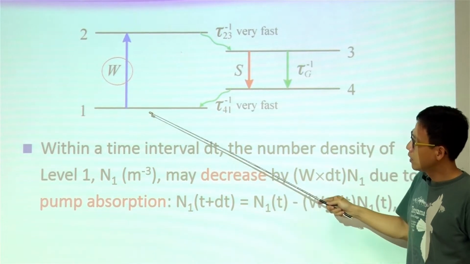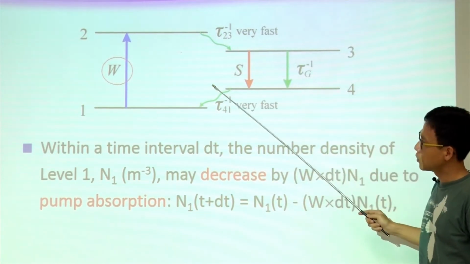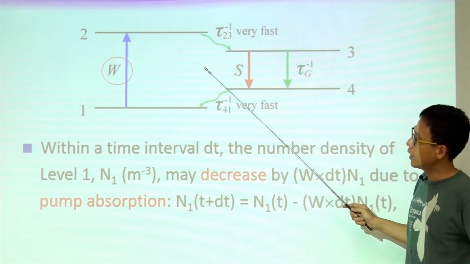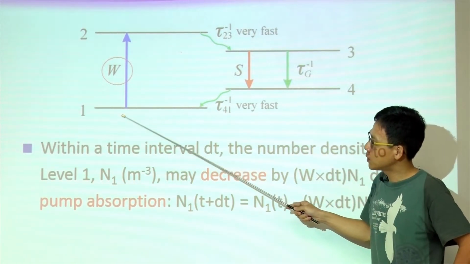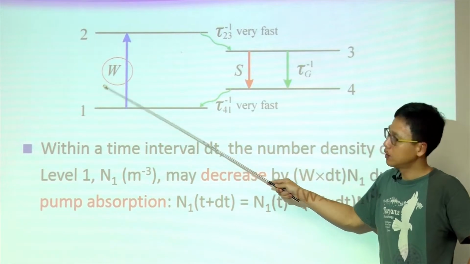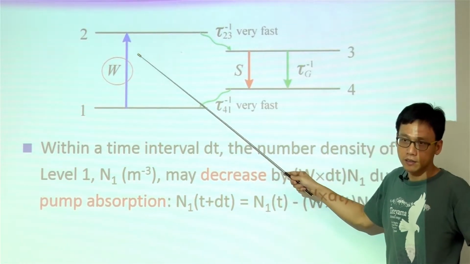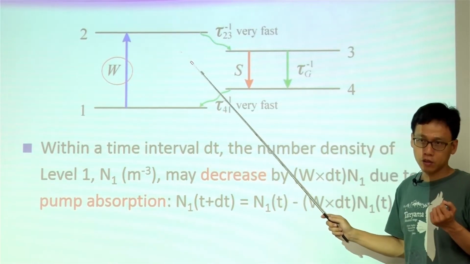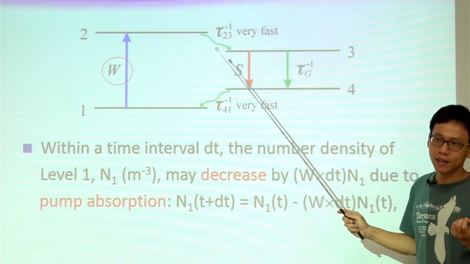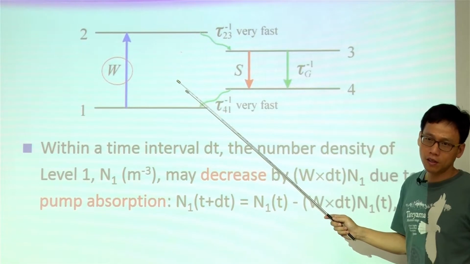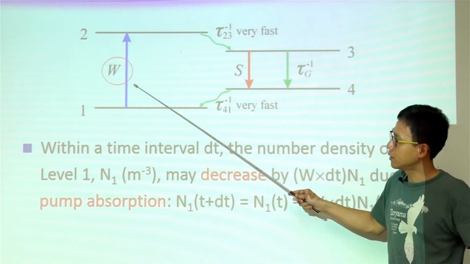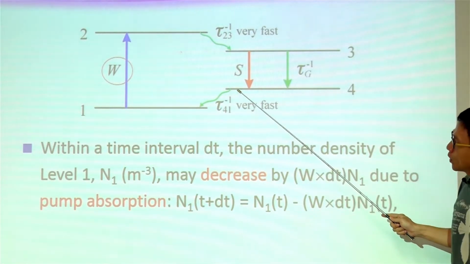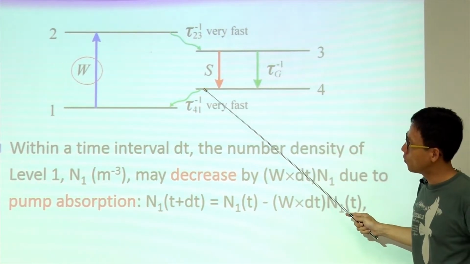If you look at this view graph, you know there are two mechanisms that can influence the number density on level 1. The first one is the pump rate. If you have a pump rate, level 1 will be fewer and fewer, because it loses electrons by the pump. The other mechanism is relaxation from level 4 to level 1.